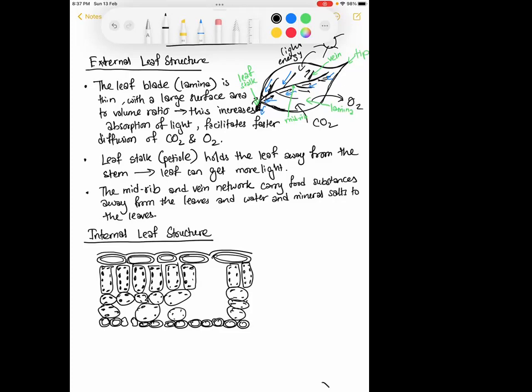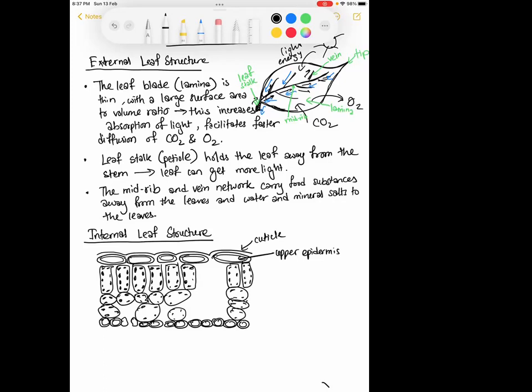Then I'm going to include the vascular bundle. So this right here is the upper epidermis. And on top of the upper epidermis is the cuticle, which is like this waxy layer.